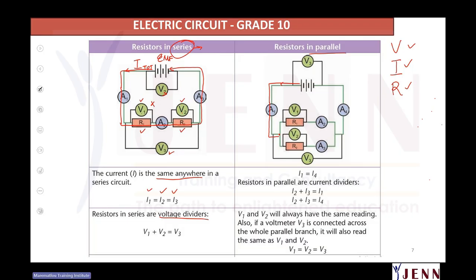What is important to note when it comes to current here, since we are saying current is divided, is that in a parallel connection, I total will be the sum of the individual currents flowing in all those resistors.